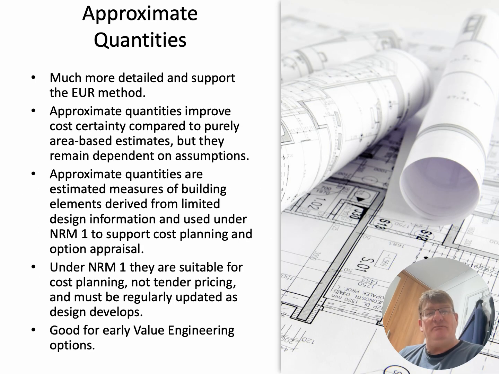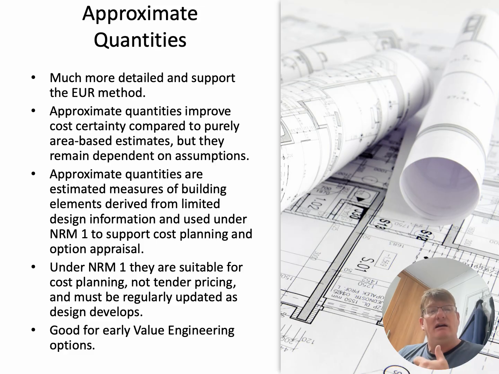A little bit more accurate is approximate quantities, so that would be an elemental cost plan with quantities, with actual quantities, but those quantities would be very approximate. Okay, however, much more detailed, does support the elemental unit rate method as well.